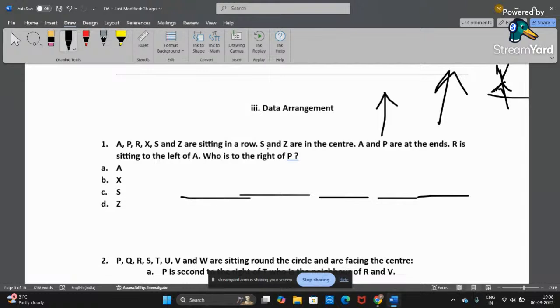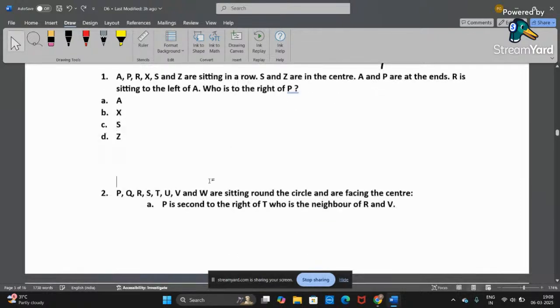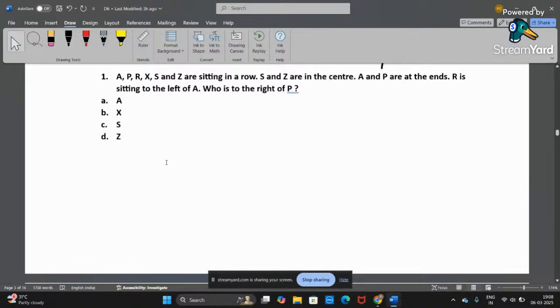So now let us draw. All are facing upwards, that means north. S and Z are in the center. Let's write it down. See, this is S, this is Z. They are in the center.